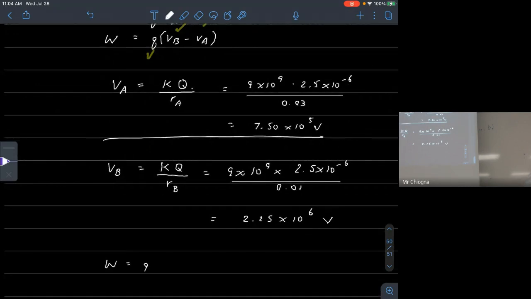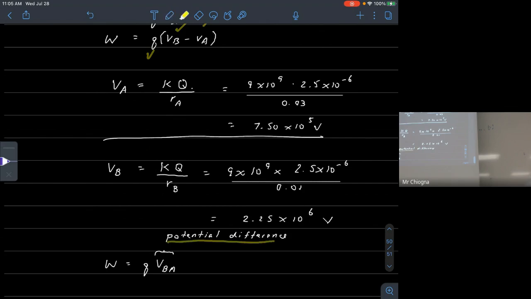Okay, work. What's work equal to? Q times, we got to be specific now. Now we're getting more exact. It's Q times this here. What's this called? This is called the potential difference, or change in potential sometimes. Most textbooks refer to it as potential difference.